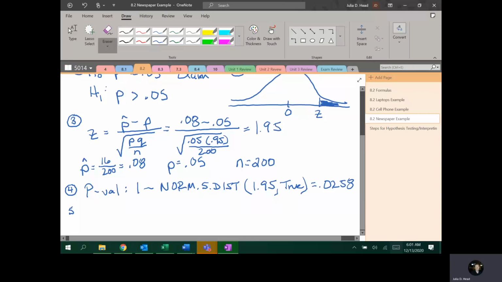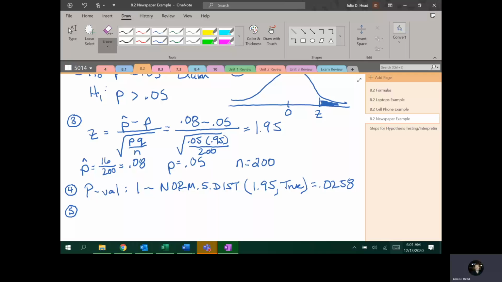Now this 0.0258 represents the probability that if in fact the printing errors were 5%, the probability that a random sample of 200 would have 16 printing errors, or 8% printing errors, is about 2.5%.